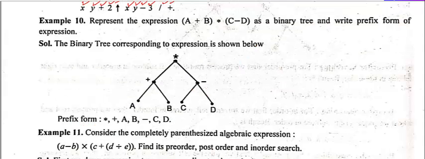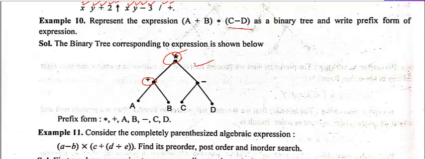Okay. So we have another example here. Like A plus B star, is a multiplication. First you will write the binary tree. I think we are very much clear. So we have to write the prefix. Prefix means first root, then left, then right. So you will start from this star, first root, then left.